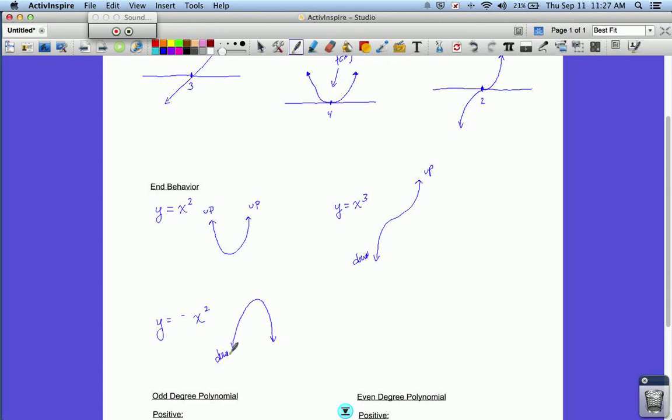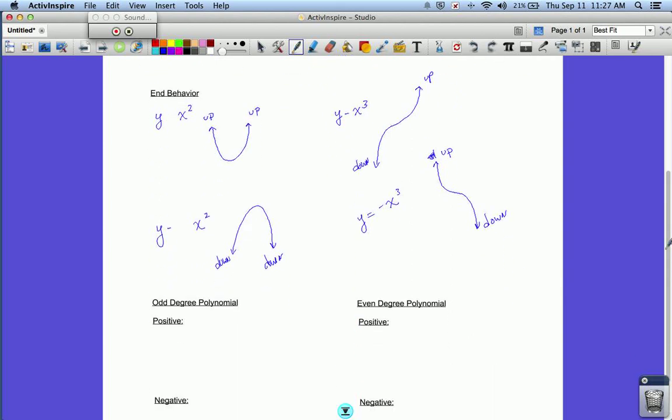It begins down and it finishes down, so the ends both behave like down, down. And, you know, we can go on all day. Let's look at negative x cubed. It looks like this. So the ends behave, whoop, that'd be an up, not a down there, right? Starts up, ends down. So this has up, down end behavior.